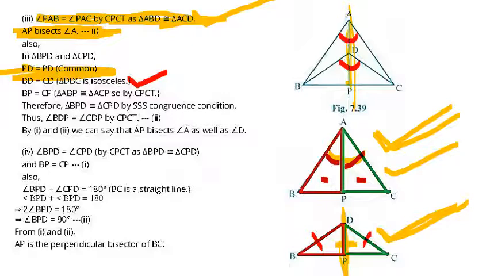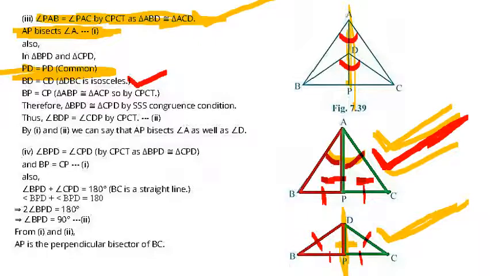And BP equals CP. This BP and this CP are equal. Why? Because if you look at this triangle, this over here, I have proven that these two triangles are congruent, and when triangles are congruent, then all the corresponding parts are also congruent. That means this side and this side will also be equal to each other, and the reason will be CPCT.